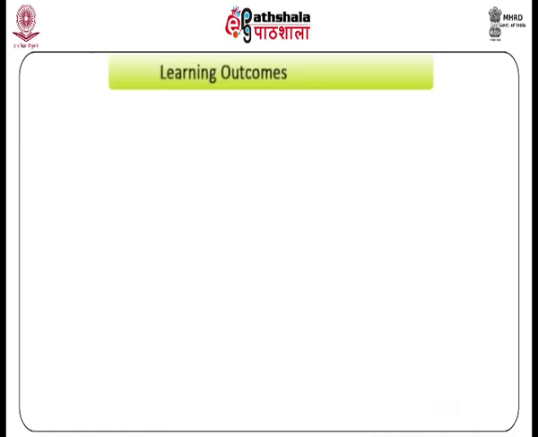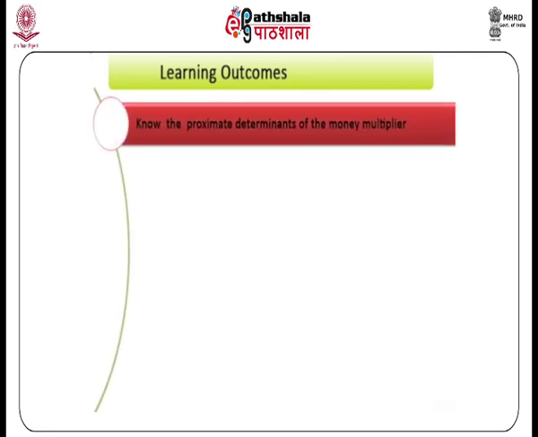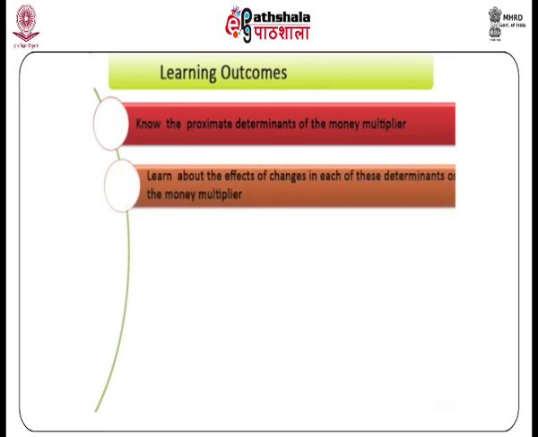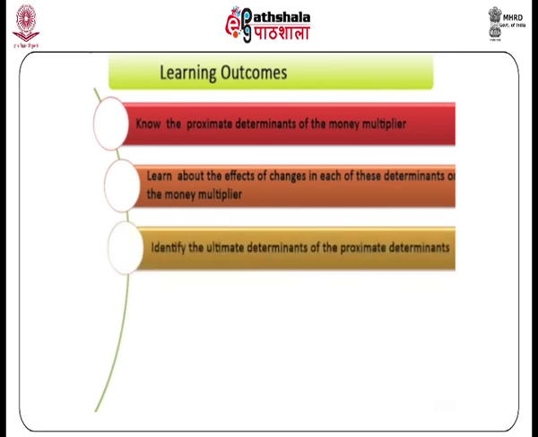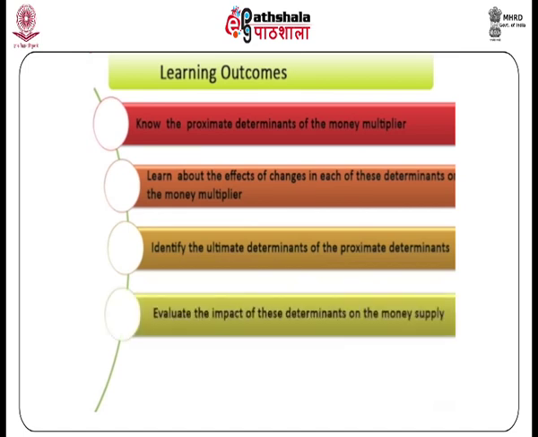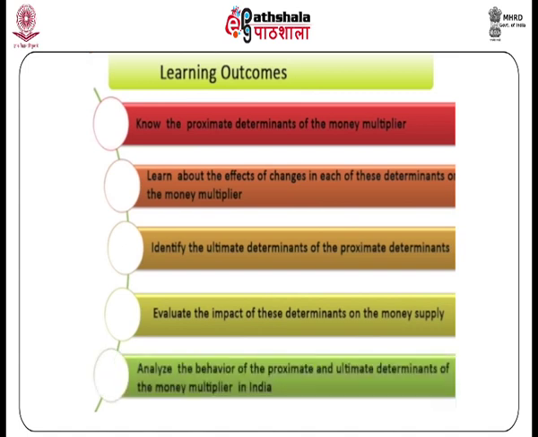After studying this module, we shall be able to know the proximate determinants of the money multiplier, learn about the effects of changes in each of these determinants on the money multiplier, identify the ultimate determinants of the proximate determinants, evaluate the impact of these determinants on the money supply, and analyze the behavior of the proximate and ultimate determinants of the money multiplier in India.